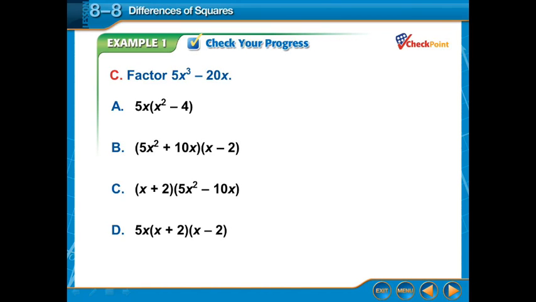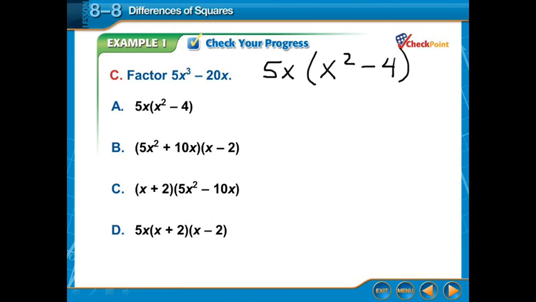Alright, let's go back to 5x cubed minus 20x. Let's take out a 5x. And we're left with x squared minus 4. And that's the difference of two squares, because what do I have to do to 5x to get 20x?